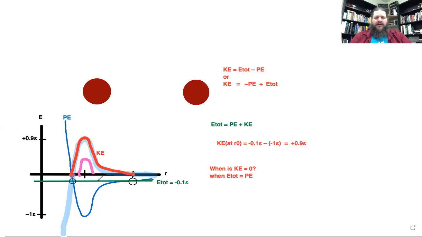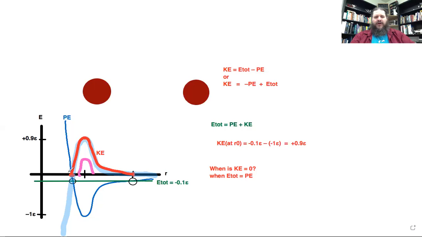Yeah, a spring. If you're dealing with a spring, the spring potential energy graph is an upwards opening parabola. So the kinetic energy associated with that spring will be a downwards opening parabola. And of course, these molecules are not connected by a spring, but the kinetic energy graph being shaped like that upside down parabola means they'll behave like they're connected by a tiny invisible spring.